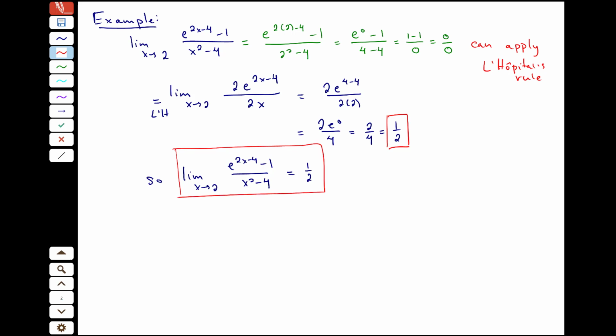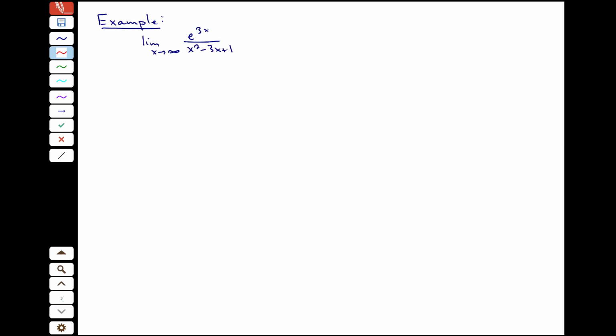Let's look at another problem. So let's say we look at the limit as x goes to infinity of e to the 3x divided by x squared minus 3x plus 1. So in the numerator, we have e raised to a very large power, which is going to be a very big number. And in the denominator, we have a degree 2 polynomial.